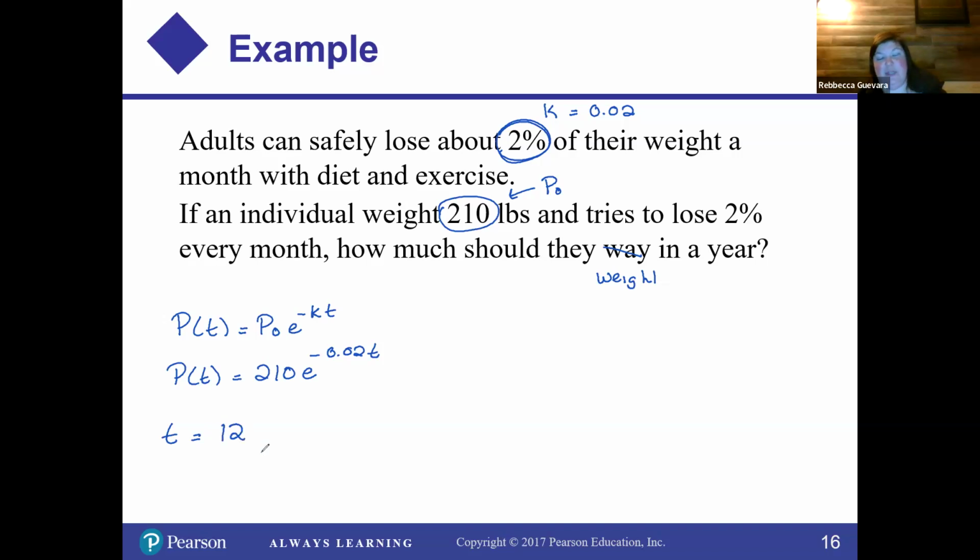So t should actually be 12 months. So P of 12 is going to be 110 e to the negative 0.02 times 12.